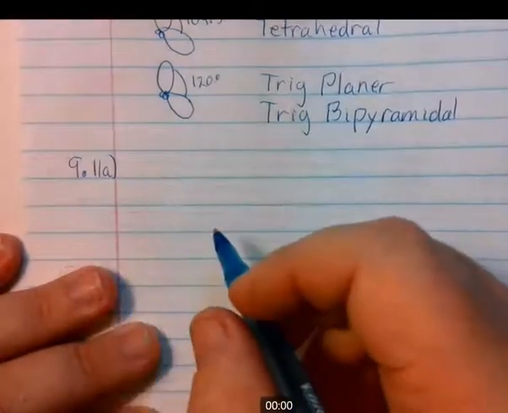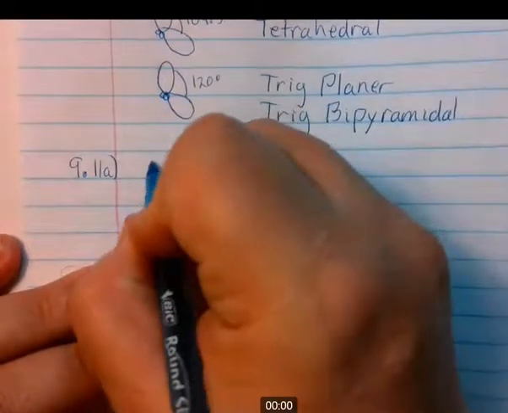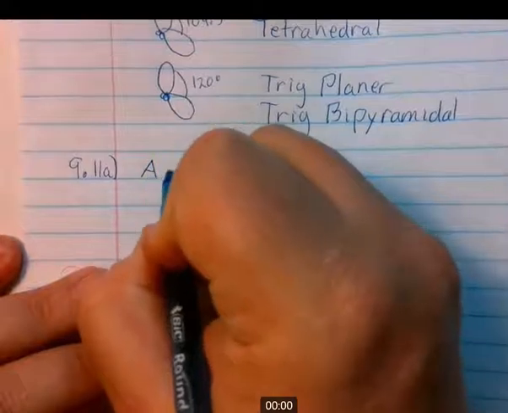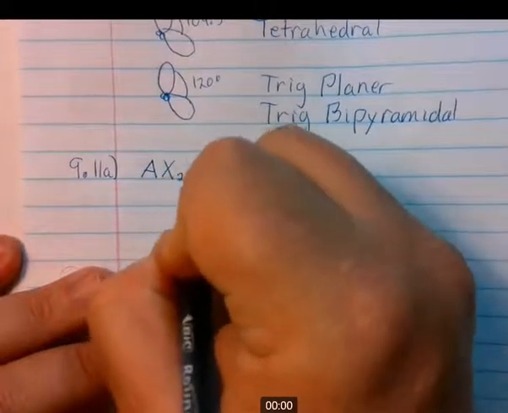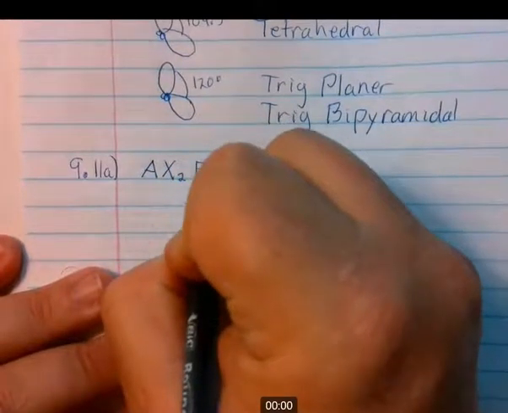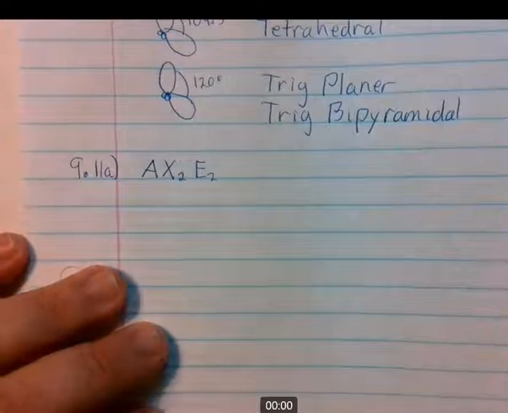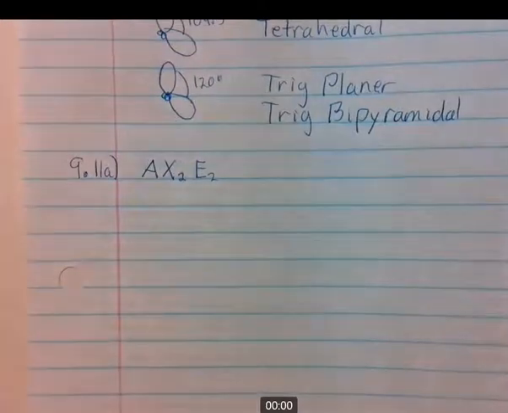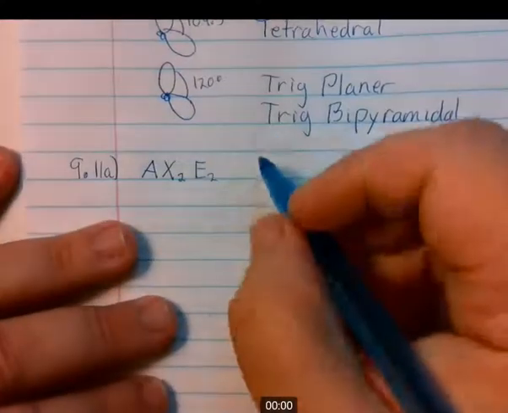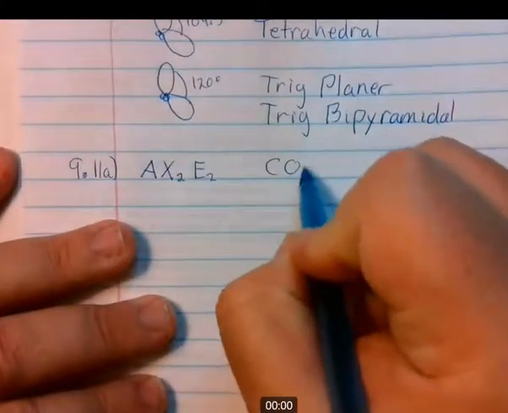So for, say, carbon dioxide, it would be AX2E2. Just go back to your sheet, your chart, and you would see for carbon dioxide, it would have that configuration. So this, for example, would be CO2.